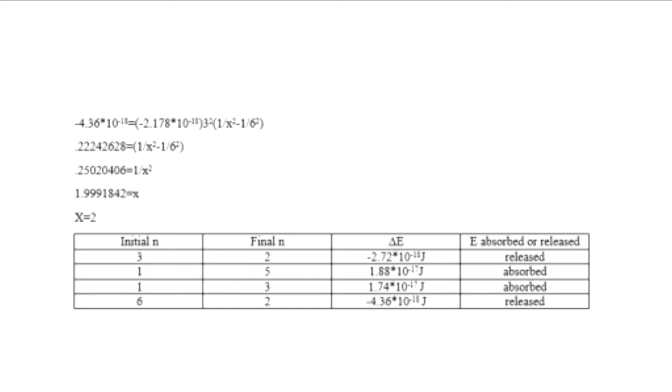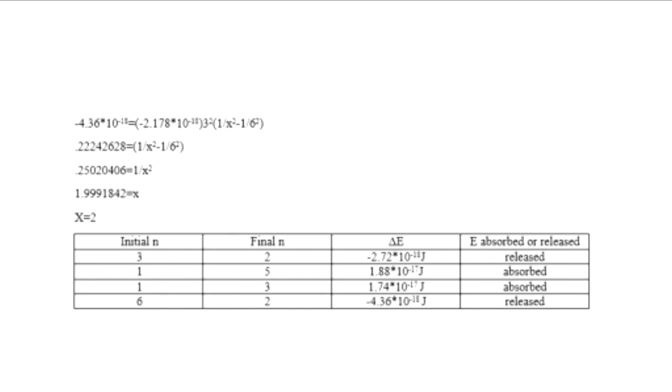Now, we must add 1 over 6 squared to 0.2224268 in order to isolate 1 over x squared. Then we must multiply 0.25020406 times x squared, and then divide 1 by 0.25020406 in order to isolate x.